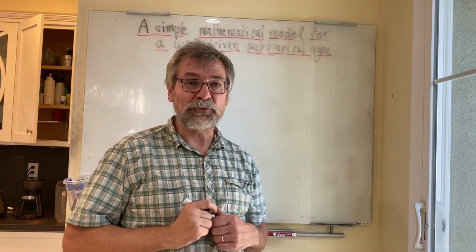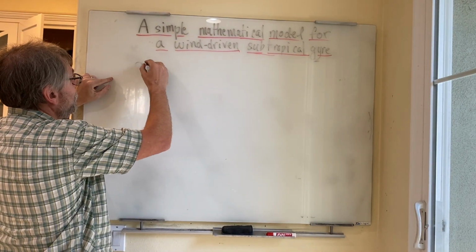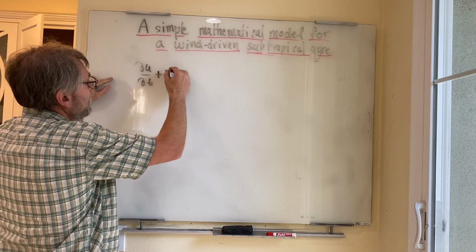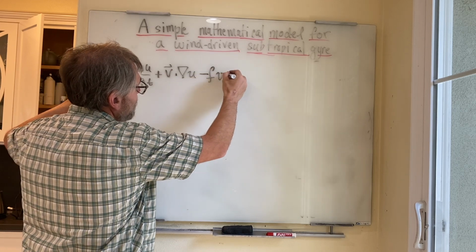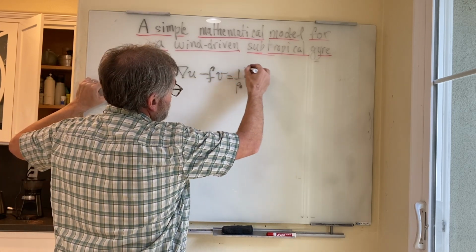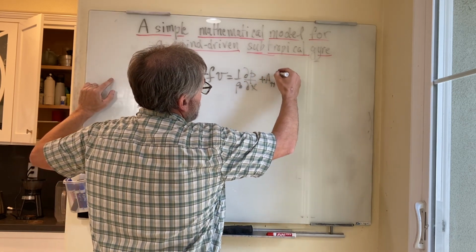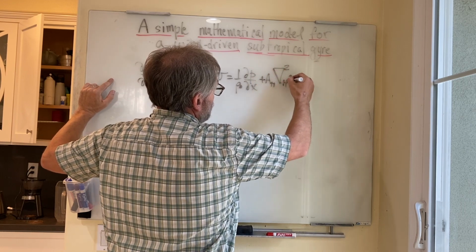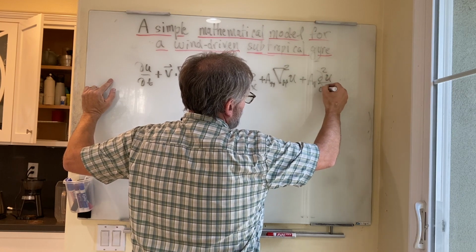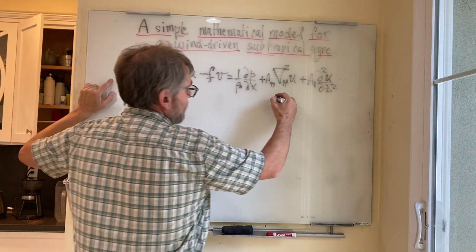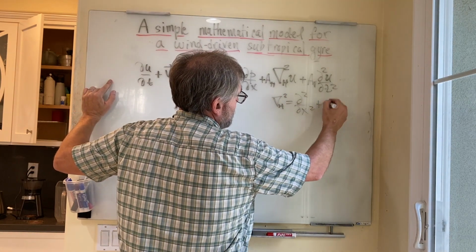Okay, let's write down the horizontal momentum equations. So we have du dt plus v dot grad u minus f times v is equal to 1 over rho naught dp dx plus A_h del squared_h u plus A_v d2u dz squared, where del_h squared is the horizontal Laplacian, so it's a shorthand notation for this.